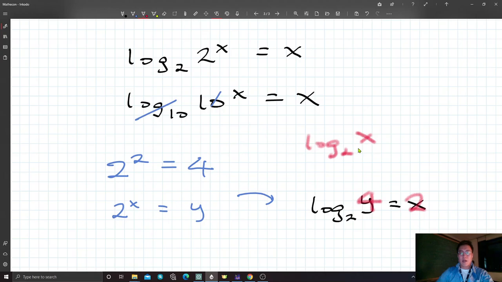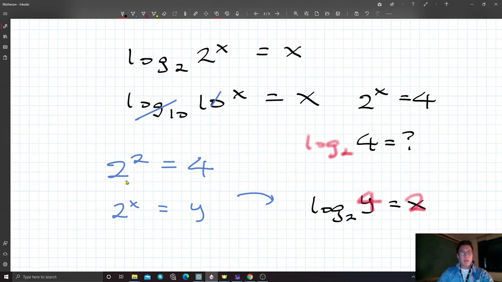So in general, if we want to evaluate log with the base 2 of 4, that means 2 to what power is equal to 4. That is number 2.